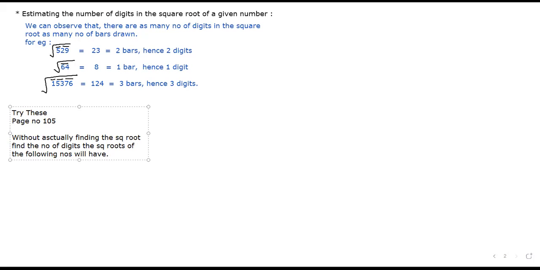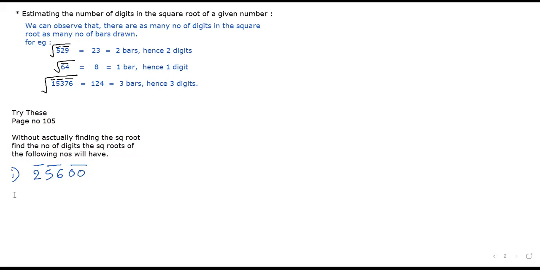Just the number of digits in the square root they are asking. The first number is 25600. How many digits? Sir, 3 groups, so 3 digits.